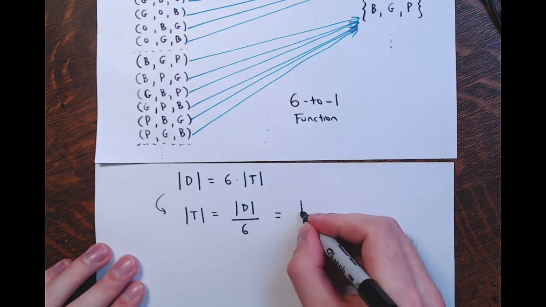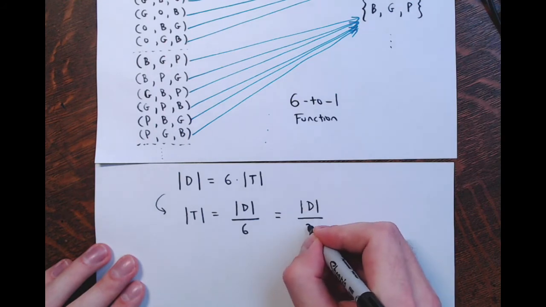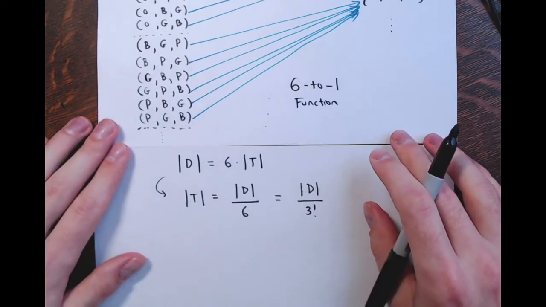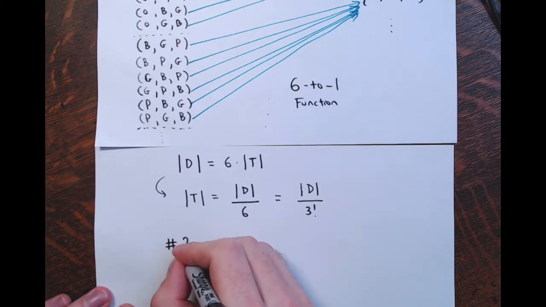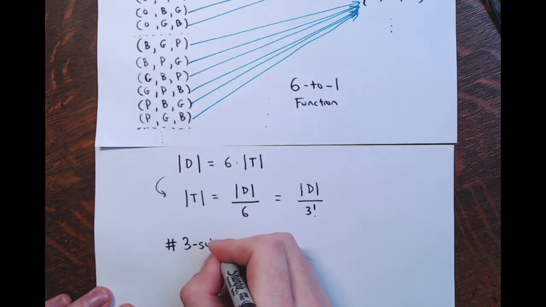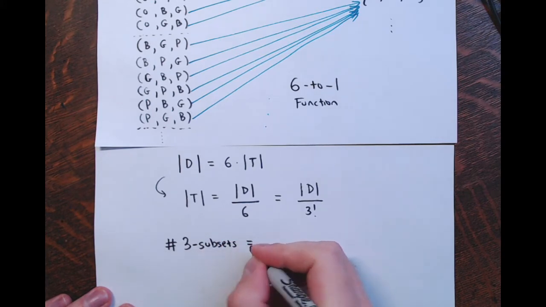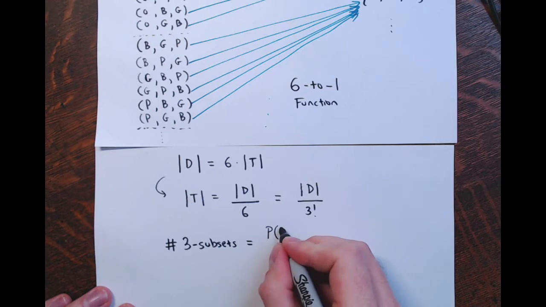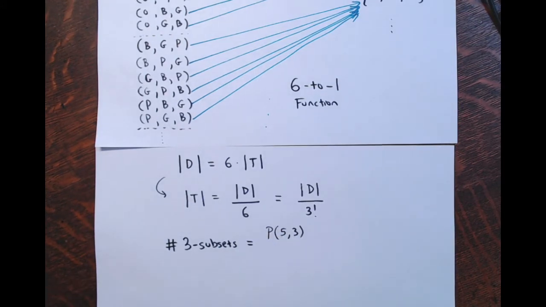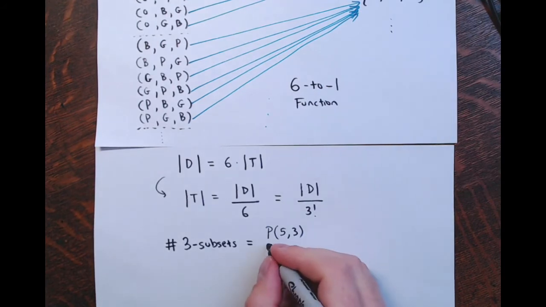So the size of the target, the number of 3 subsets, is the size of the domain, which was P with 5, 3, the number of 3 permutations taken from 5 objects, divided by 3 factorial.